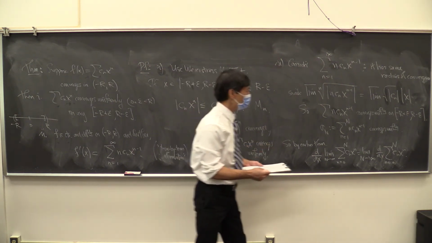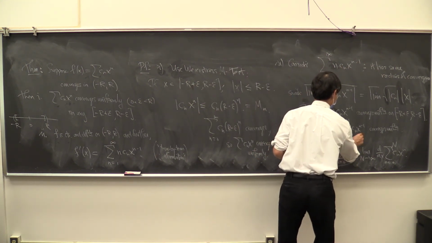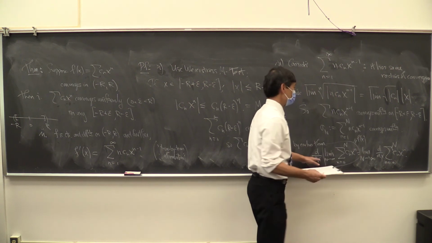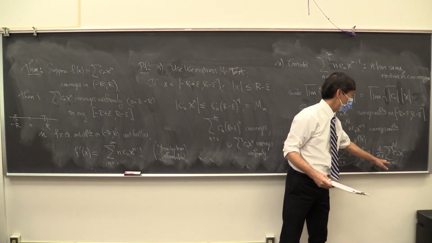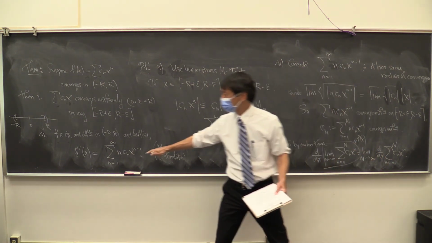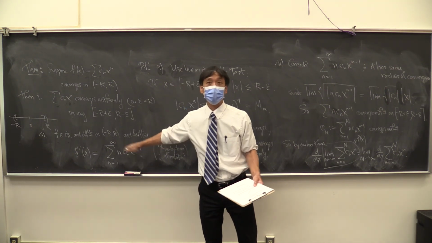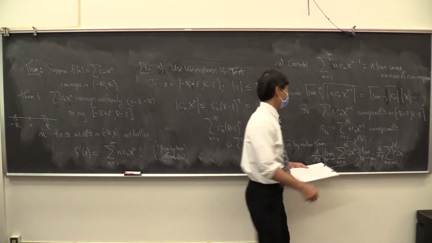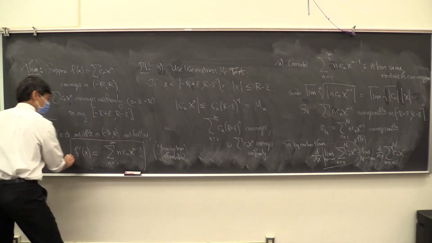Okay, but that's exactly what we want. This thing here is our function f. So f prime of x equals the limit of the derivatives. The limit of the derivatives is this derived series here. So we get exactly this.